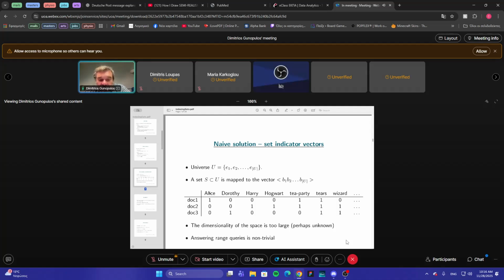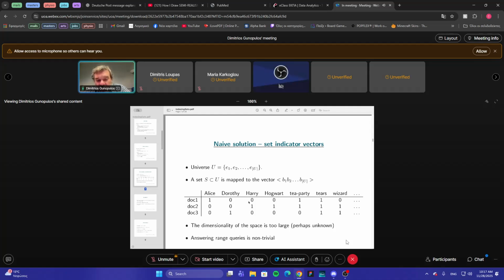So a document is a set of words from a universe, like all the words in a dictionary, and we want to compute the similarity using the Jaccard coefficient. The Jaccard coefficient is just the size of the intersection of two sets over the size of the union of the two sets.